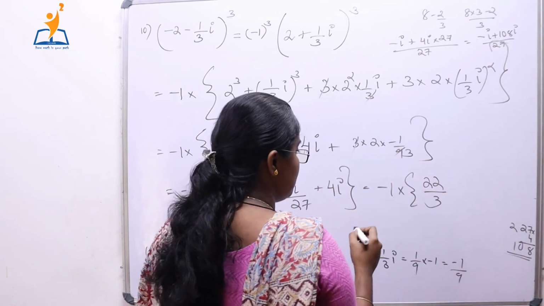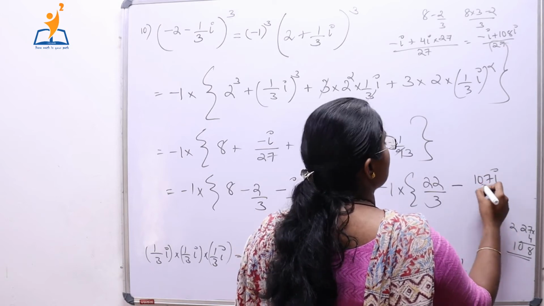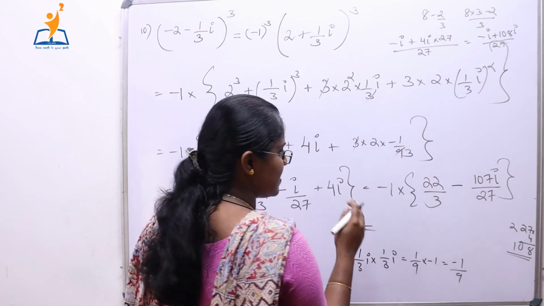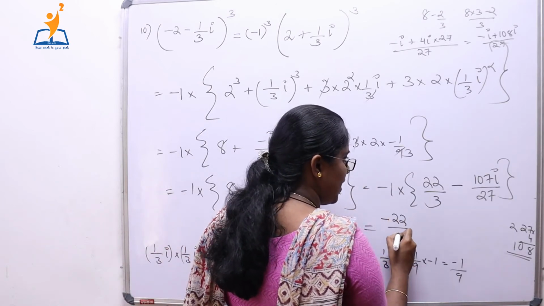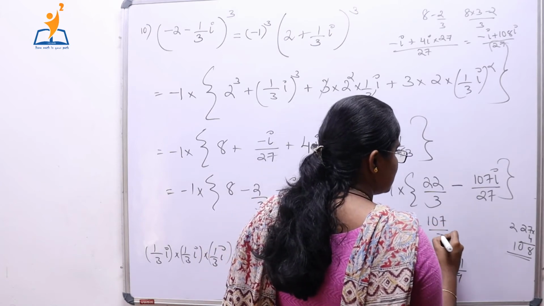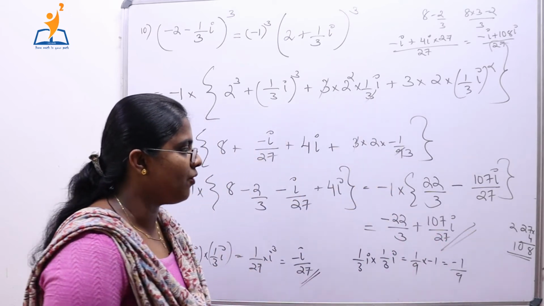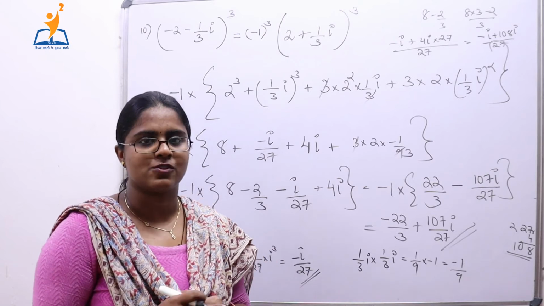So it will become 107i by 27. So the final answer is minus is taken inside, that is negative 22 by 3 plus 107 by 27i. This is the a plus ib form. So that's the end of this question. Now we shall move to the next question.